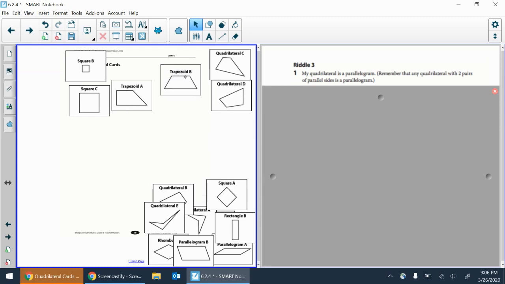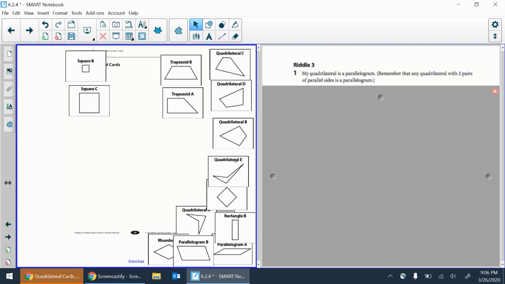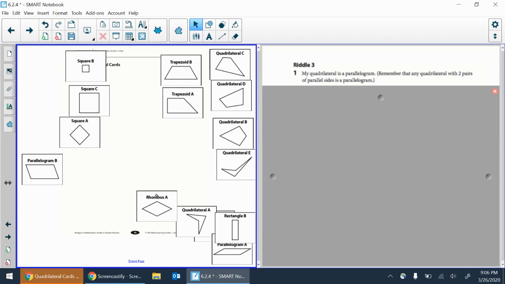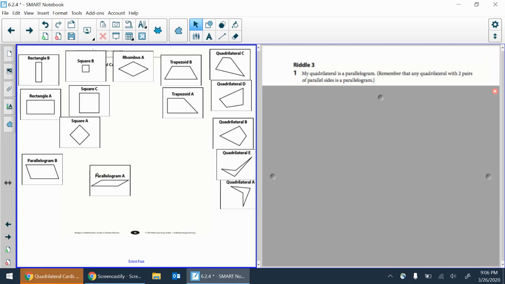I'm just putting my quadrilaterals together, my trapezoids together, my squares. You guys can be doing the same thing with yours. Excellent. Okay. All right, we are on to our third riddle here.